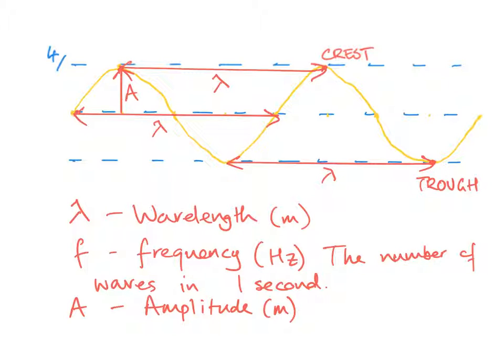So if you imagine this was a water wave, created by dropping a stone into a pond, if you looked at the level of the water to start with, it would be along that middle line that I've drawn. So that would be the undisturbed position. So an amplitude could also be filled in at various points. So from the middle to the top, or from the bottom to the middle. They're both amplitudes.